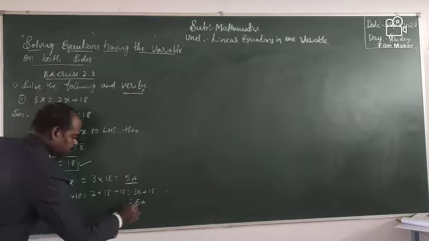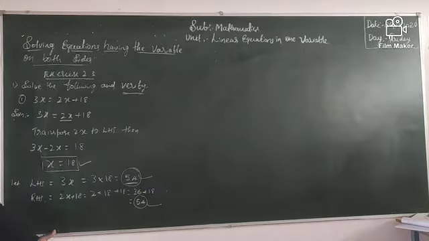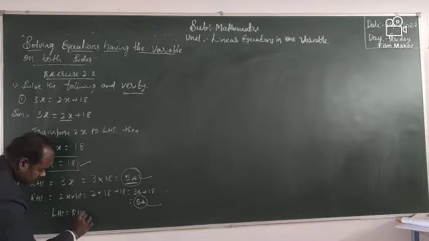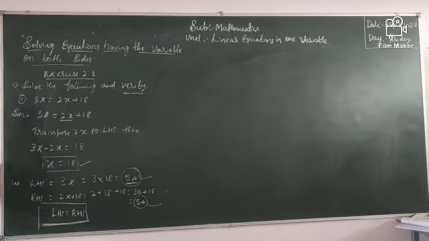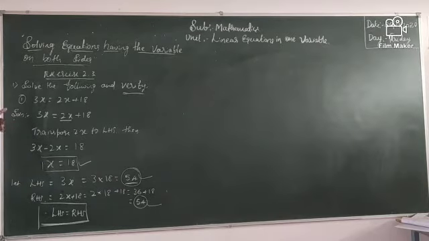Yes, children, both RHS and LHS are equal, hence the problem is correct. Therefore LHS equal to RHS, hence proved. This is what your answer is. Got it, children? I will explain once again.